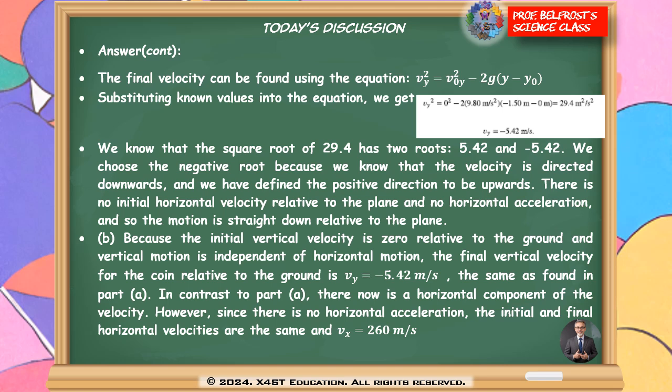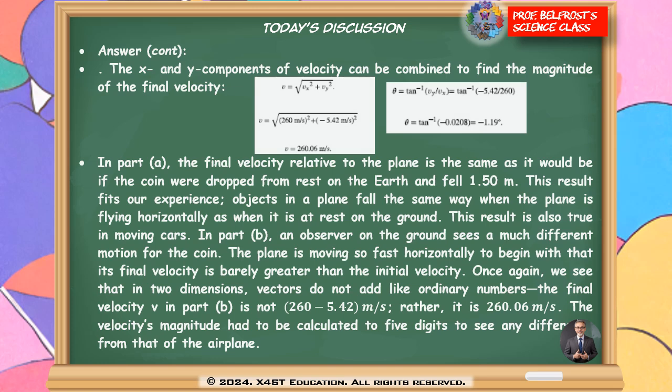For B, we know that the initial vertical velocity is 0 relative to the ground, and the final is Vy of -5.42, as in part A. But in contrast, there now is a horizontal component which is 260 meters per second. So we need to add it up, and we get that V is 260.06 meters per second, while theta is about -1.19 degrees.